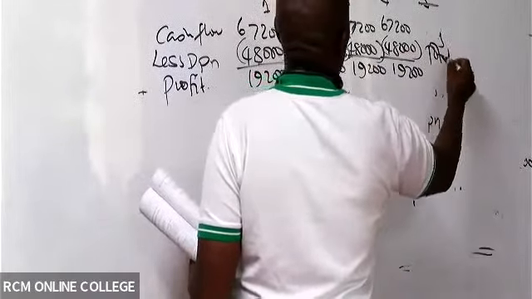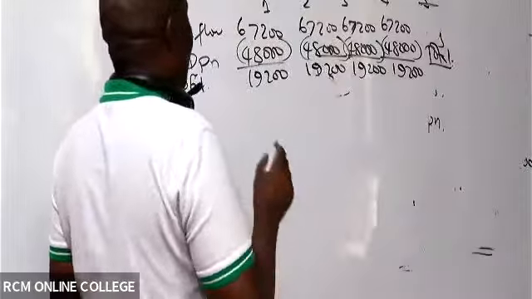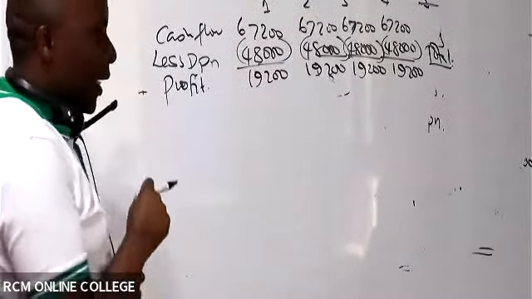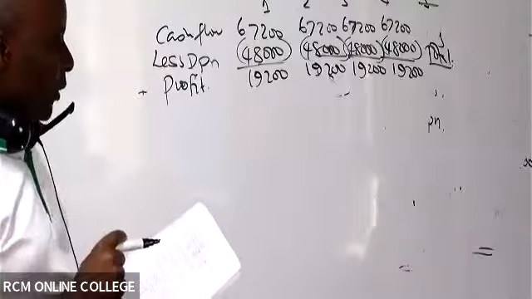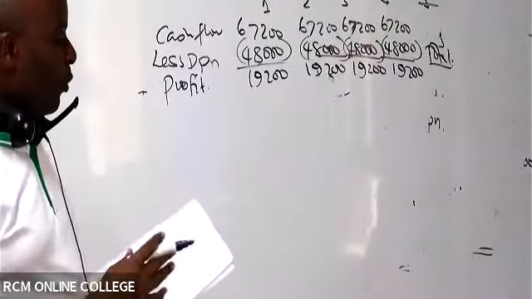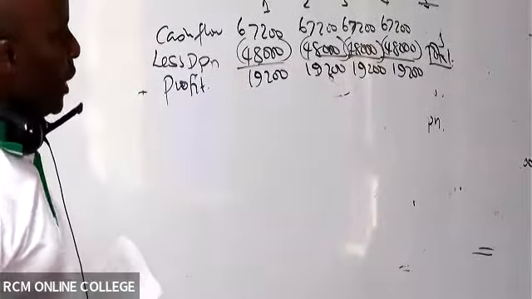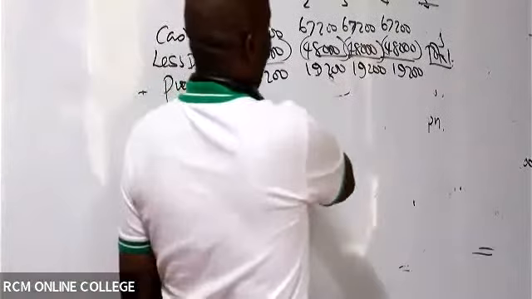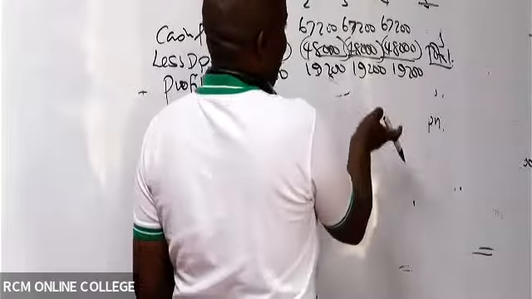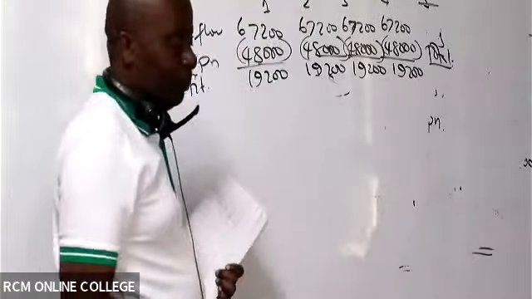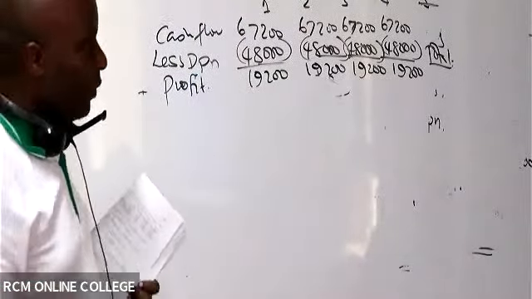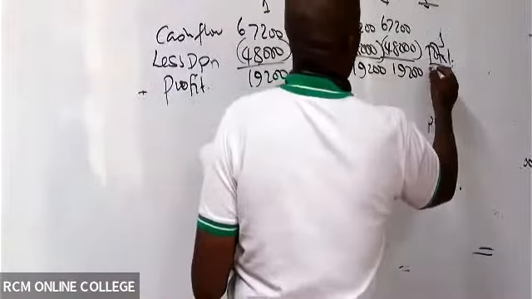Remember, this is the accounting rate of return, but for 4 years. So you take this figure plus this, or this times 4. How much are we getting? We are getting 76,000.